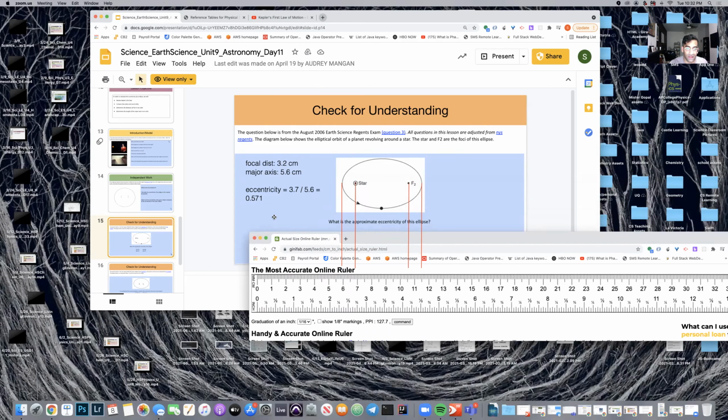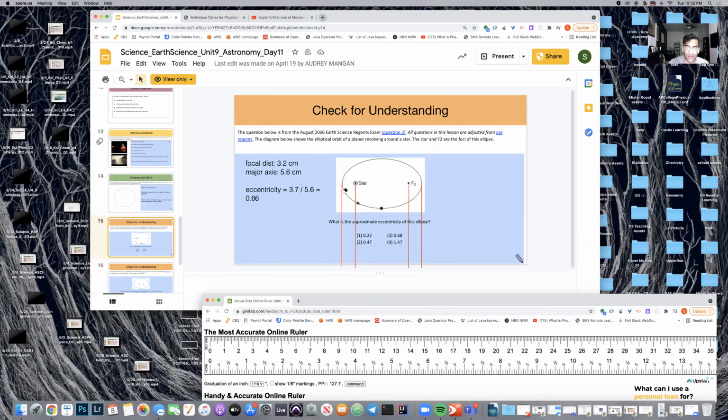So let me edit and adjust this answer. There we go. And so now I'm going to move this out of the way, and I'm going to erase these lines. 0.66 is closest in magnitude to this answer right here, 0.68.